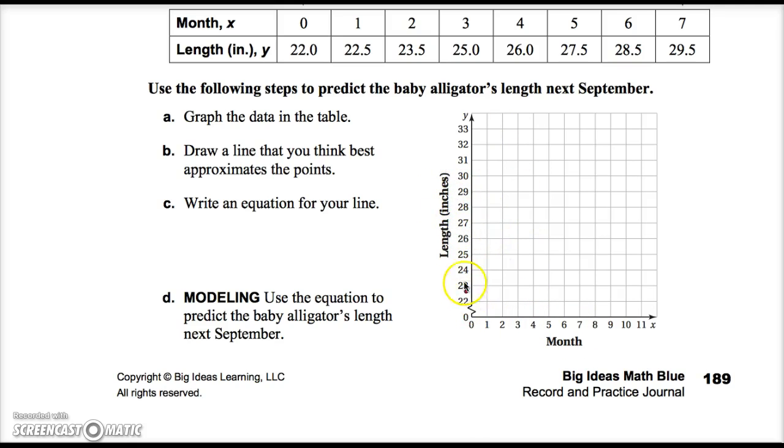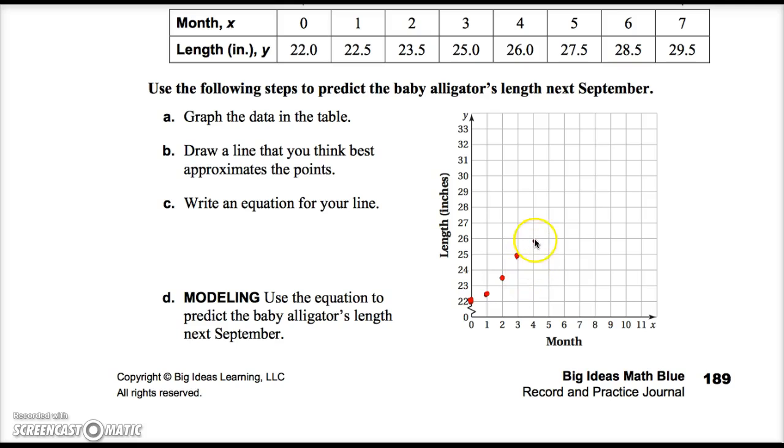At 0 months, it was 22 inches right here. Notice that break in the graph, that little squiggly line means there's a break from 0 to 22, and then it goes by ones. Month 1, it was at 22.5. Month 2 was at 23.5. Month 3 was at 25.